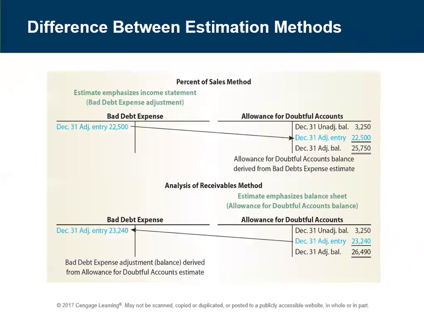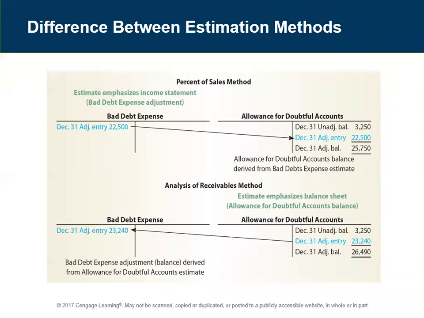Because we're going off of credit sales, which is a temporary account, it's just credit sales for just this year. So when we use percent of sales method, we're looking at sales in just this one year. So that is the amount we add to allowance for doubtful accounts. We added it to the existing balance to get our total balance.